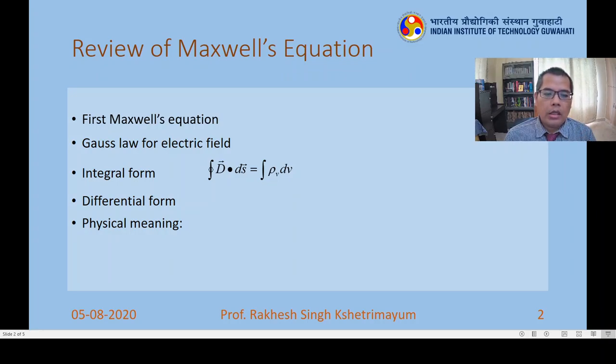So basically the electric flux which is coming out from a closed surface is equal to the charge enclosed by that closed surface. You can also write this in a differential form by using vector analysis. What you have is divergence of electric field equal to ρv by epsilon. So electric field always has some significant divergence which is related to the volume charge density and epsilon.